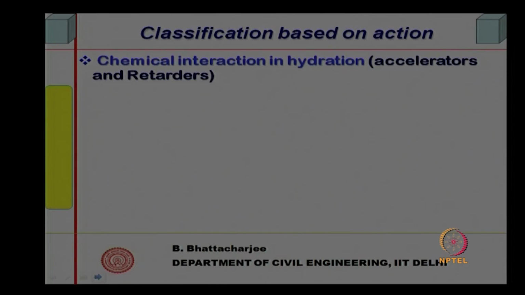But we classify these admixtures depending upon their action. For example, those which chemically interact during the hydration process, their essential purpose would be to accelerate the setting or hardening process or both, and retarders are the ones which actually reduce the pace of hydration, therefore retard the setting process.